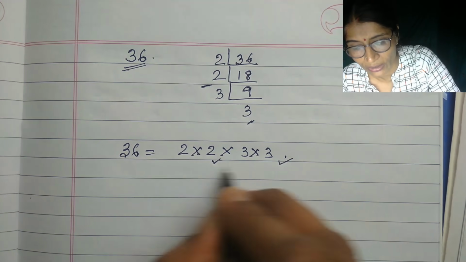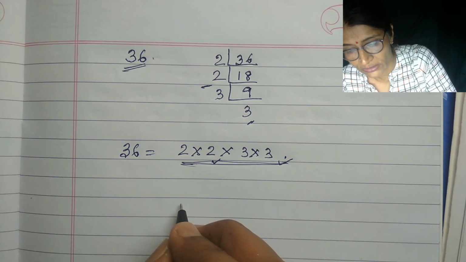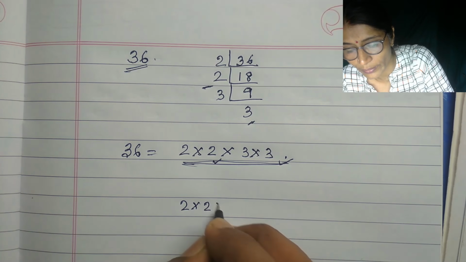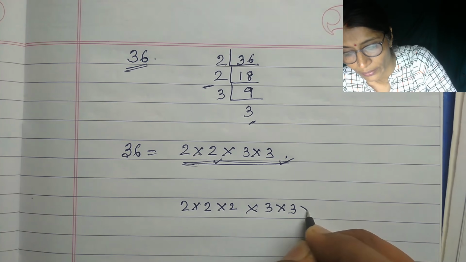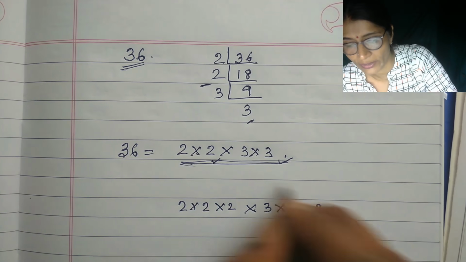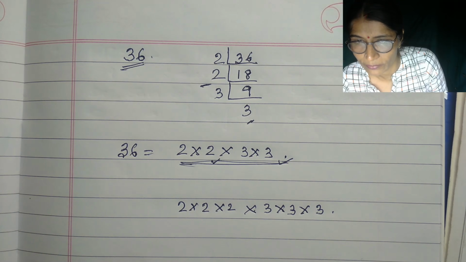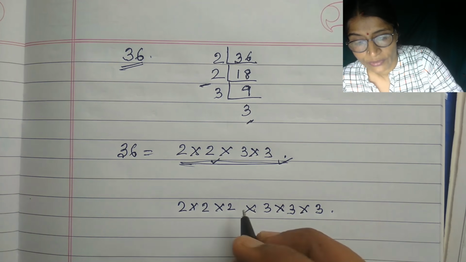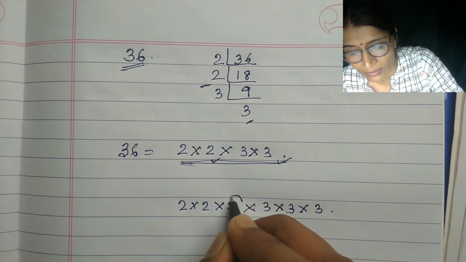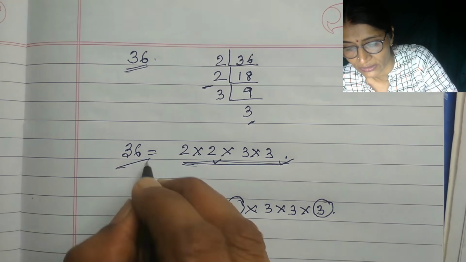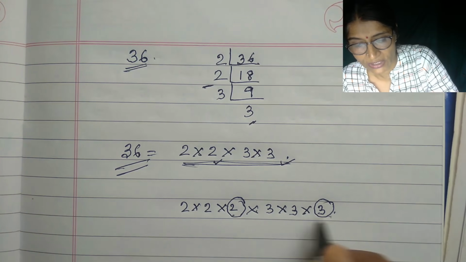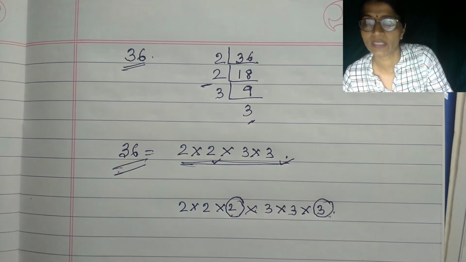So if instead of this we have 2 into 2 into 2 into 3 into 3 into 3, then whatever product I get will be a perfect cube. So if I multiply this 36 by 6, what will happen? This will become a perfect cube.